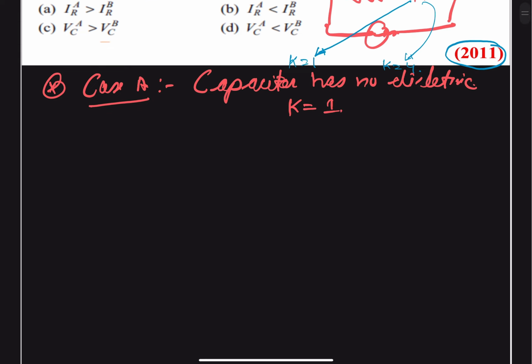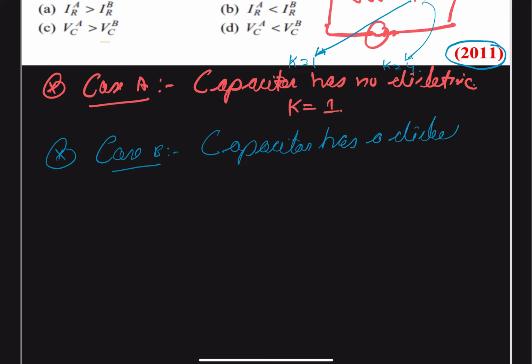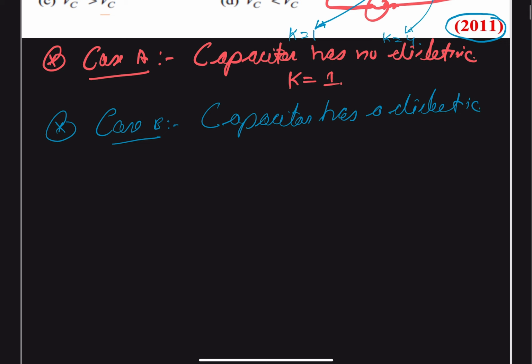And then we have case B, and it is given the capacitor has a dielectric with a constant K of 4.